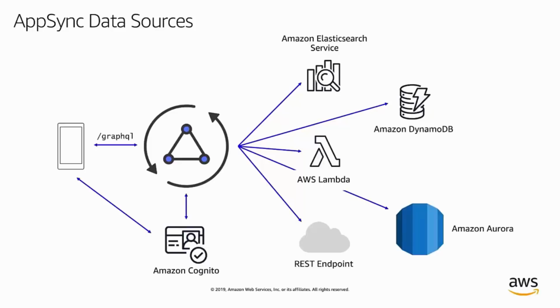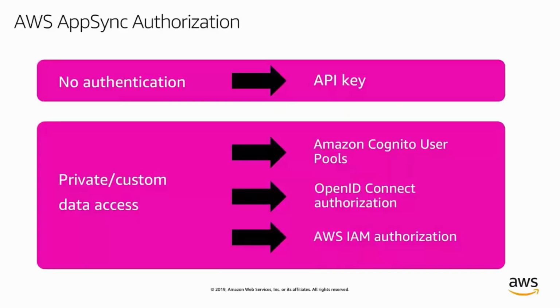So if you have existing REST endpoints or microservices you'd like to add, you can use something called HTTP resolvers to use the GraphQL AppSync layer as a proxy over all of your existing data sources, regardless of whether they're actual databases or not. So if you have something like a microservice, you can still implement that as an API using GraphQL.